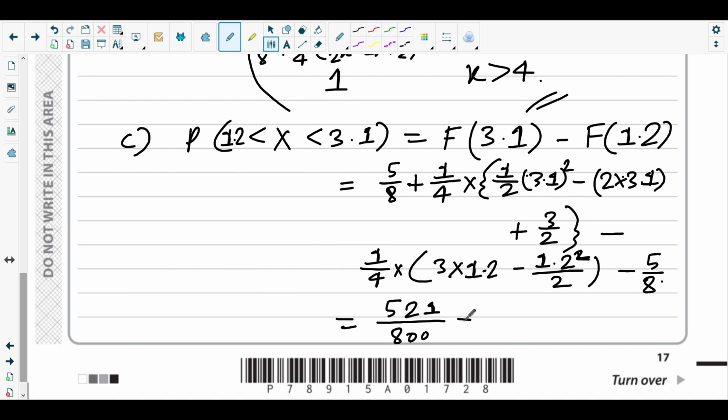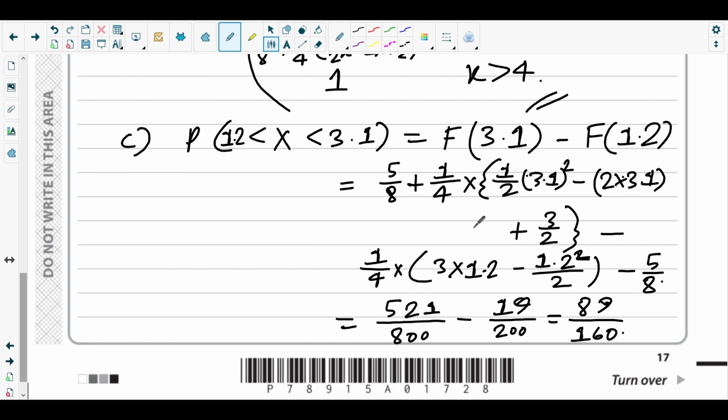From there you need to subtract thrice x minus x squared over 2, putting in 1.2. So you'll get 72/25 times 1/4 minus 5/8, which is basically 19/200. So subtract it from 521/800 minus 19/200, and you will get 89/160. So 89/160 is the perfect answer.